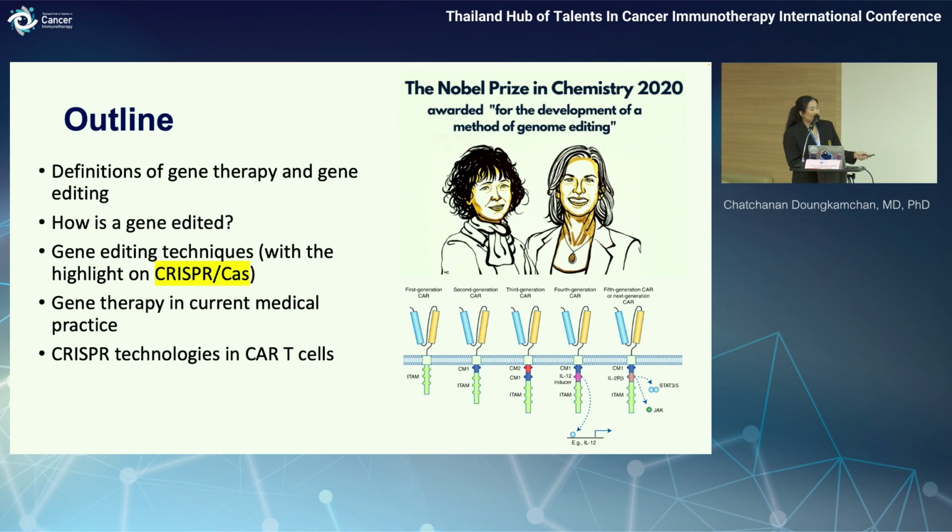And I also put the structure of the CAR over here because we have repeatedly visited this for a long time. So yes, this talk will be focusing on these two topics together, to celebrate all the scientists who are behind these wonderful developments, including us.